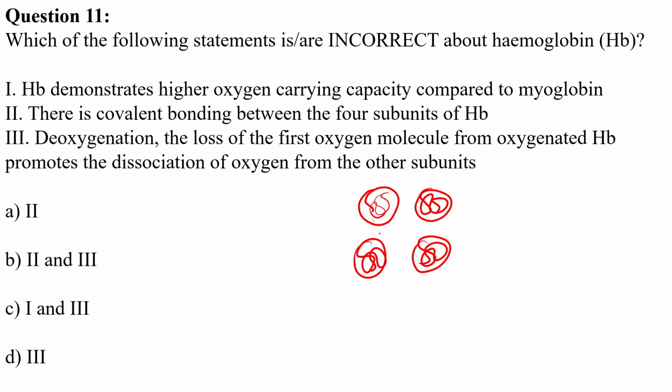Now these are independent units, they don't have any bond formation between them, but they have non-covalent bonds like hydrogen bonding, van der Waals interaction or ionic bonding that actually stabilizes the subunits together.